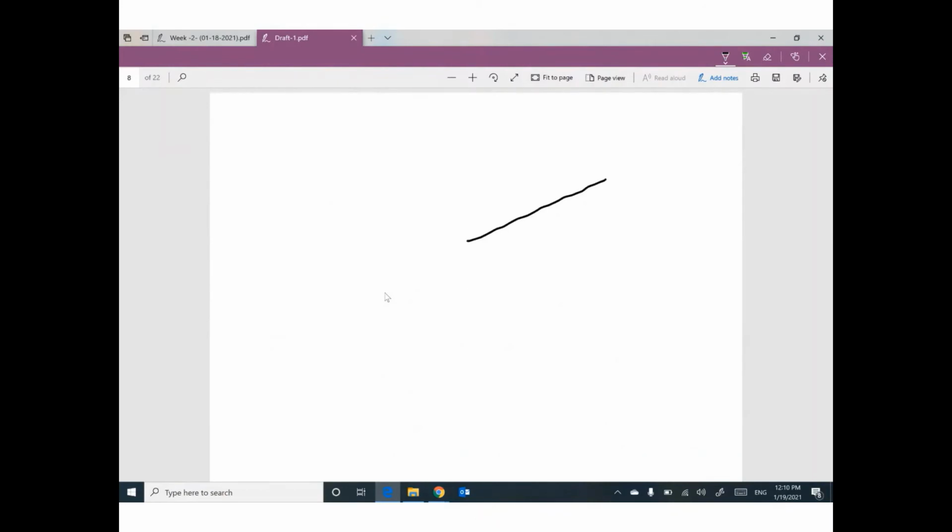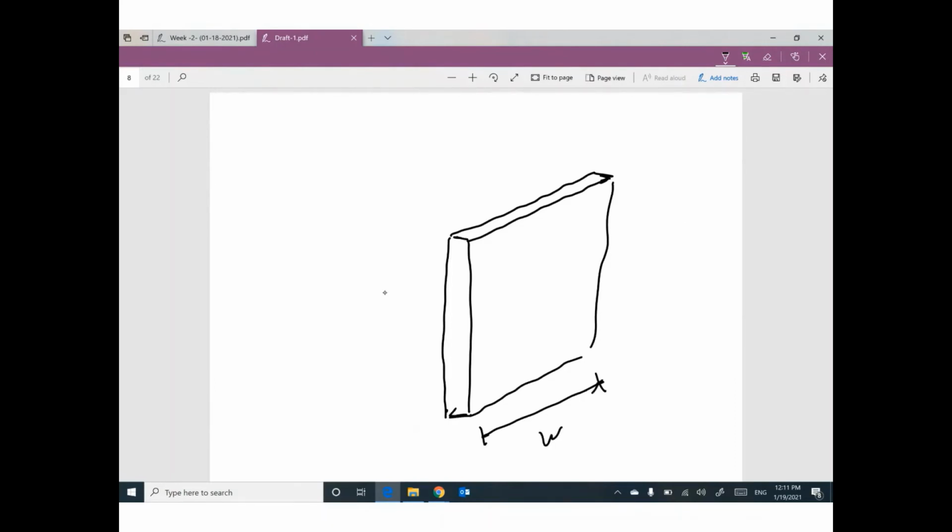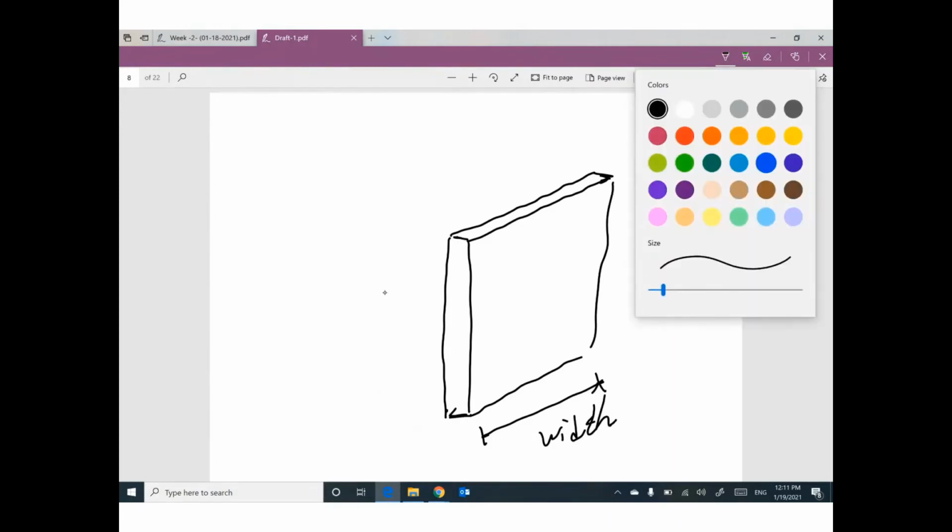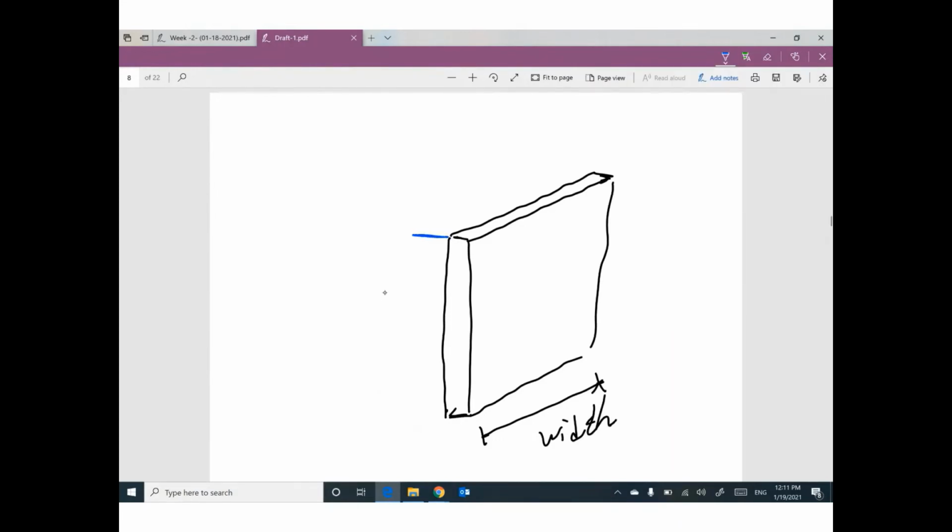If you have a wall like this, and this wall has a width, your pressure distribution that you draw is here. We have a value here, we have another value here, and you draw this trapezoid.